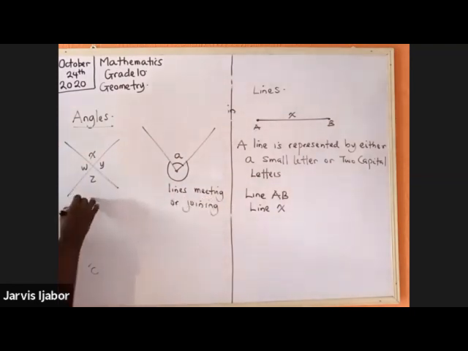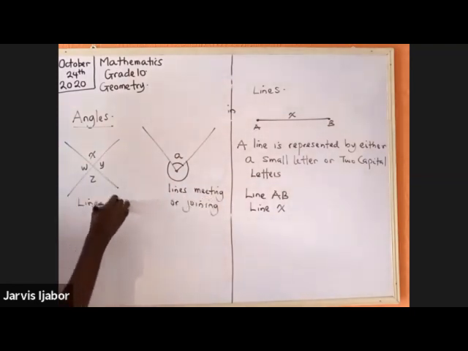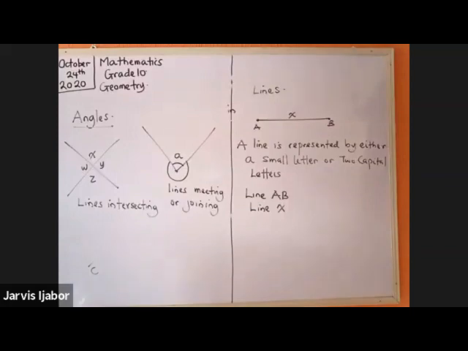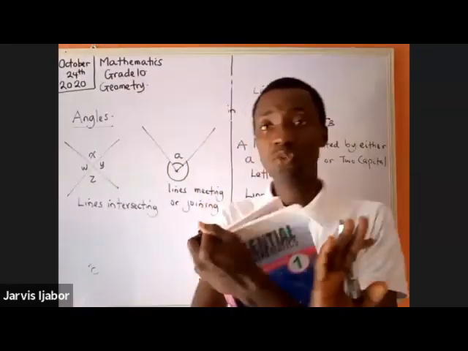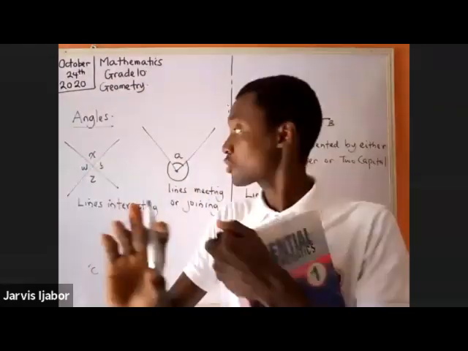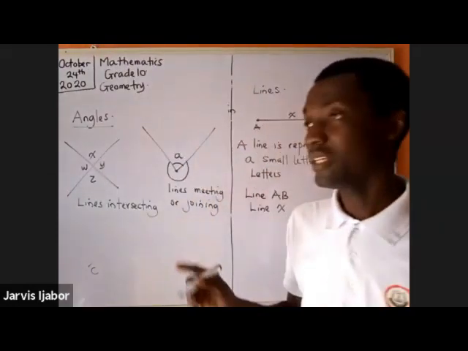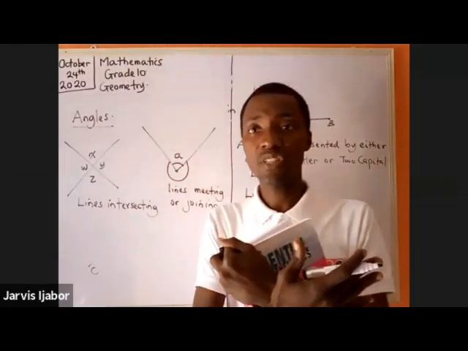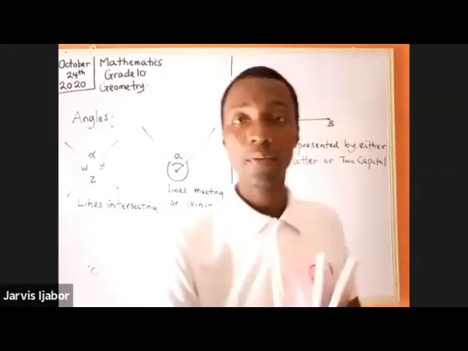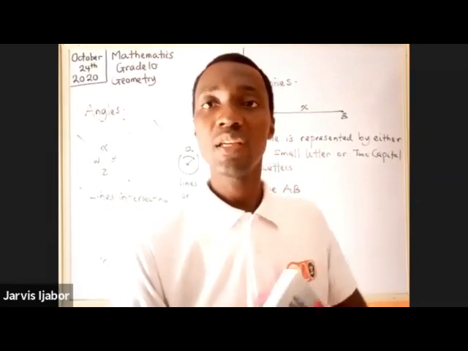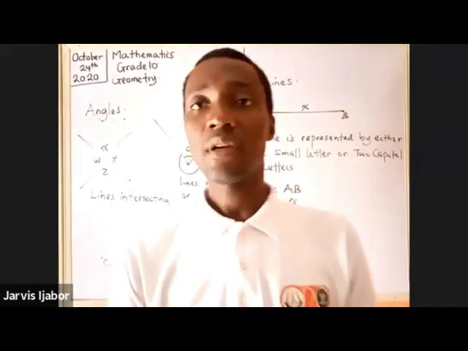This one will be lines intersecting. So when lines intersect, the lines cut into themselves. Look at it. The lines cut into themselves. But in joining, they just meet at the point. So you must take note of the differences here when lines meet and when they do what? They intersect. Okay, are we together?